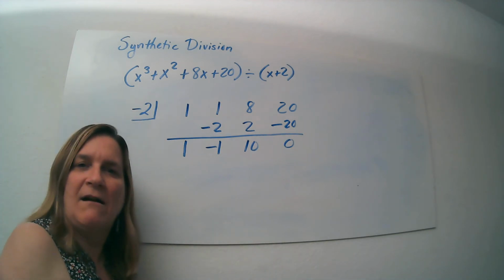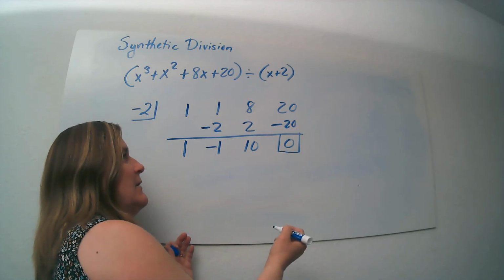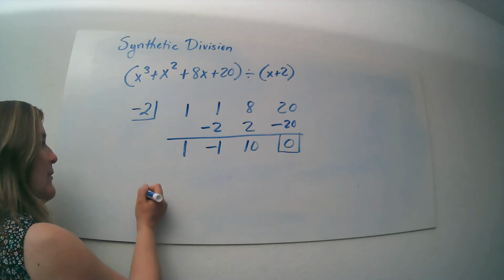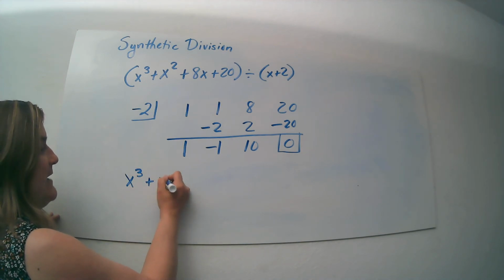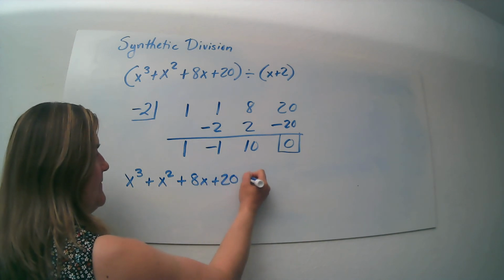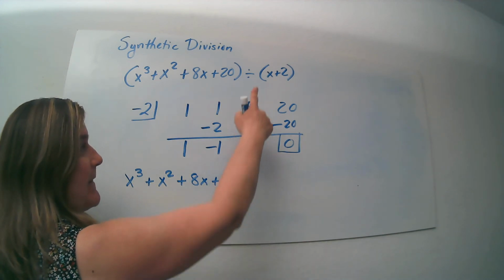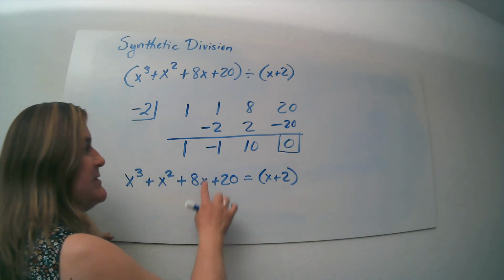And notice this time we have a remainder of 0. And our results would look like this. x cubed plus x squared plus 8x plus 20 equals x plus 2 times our quotient.